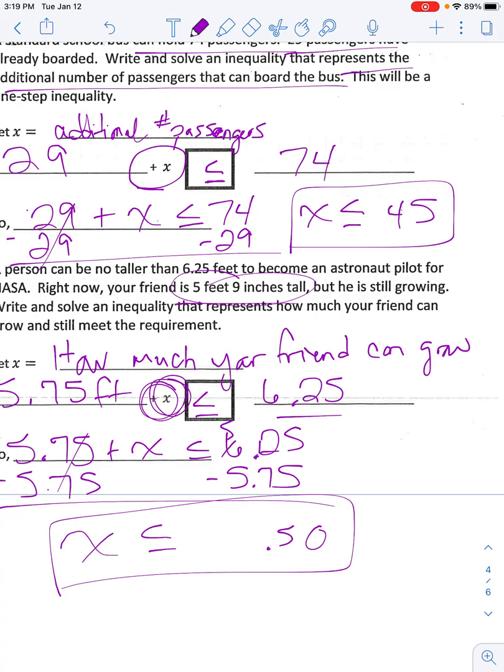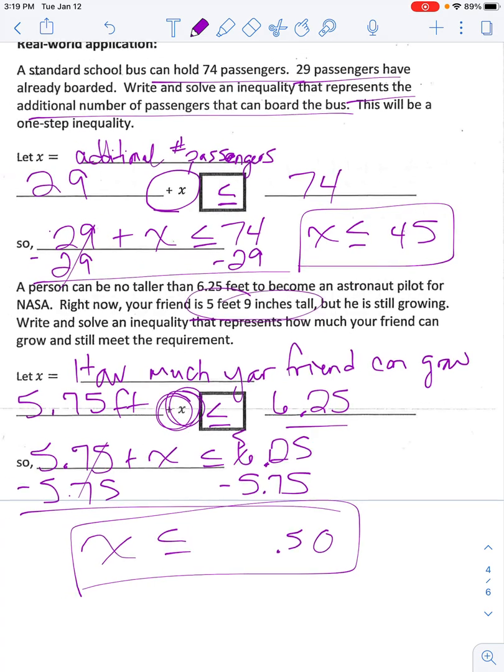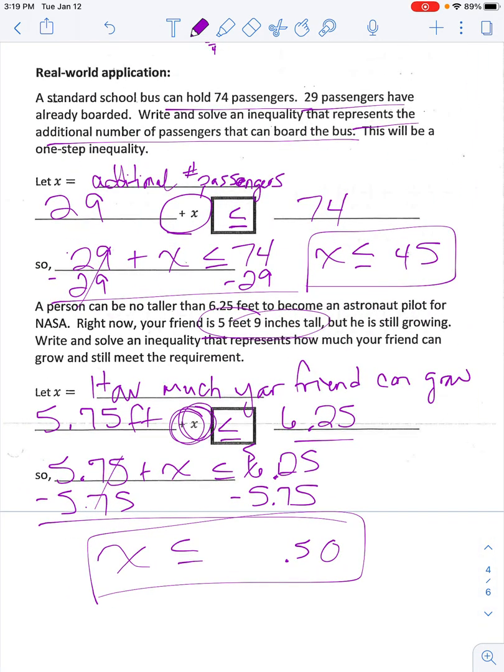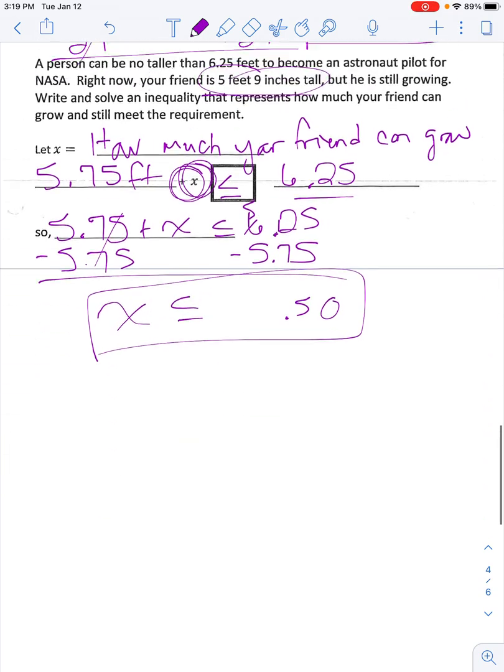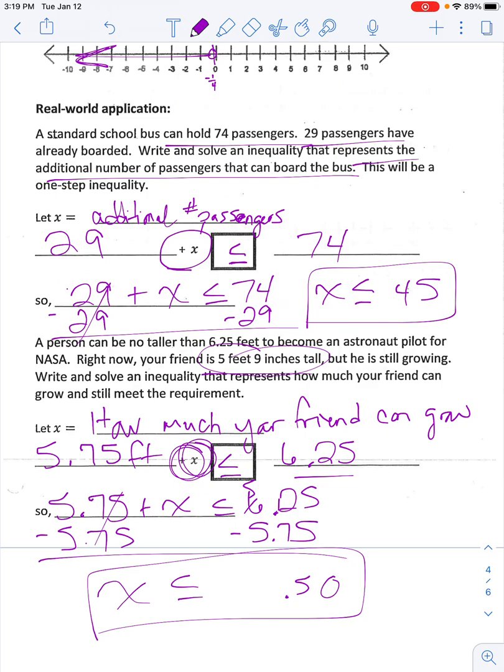So he can grow half a foot more in order to still be able to be an astronaut pilot. Okay. Alrighty, period 4. That is what we worked on in class today.